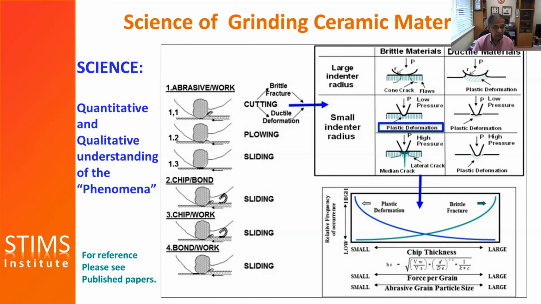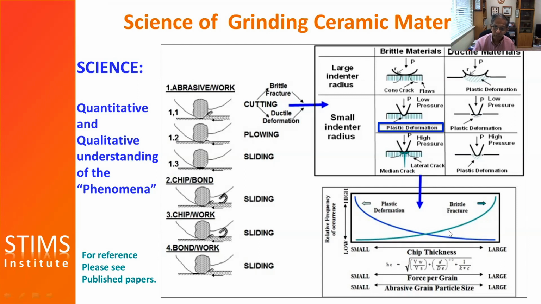But on the other hand, you can always be sure that because of this interaction, there will be some interactions taking place in this direction towards brittle fracture, some taking place towards ductile deformation. But it depends upon the chip thickness, which is the volume of indentation. It depends on the force per grain. It depends upon the abrasive particle size, which influences both of them.